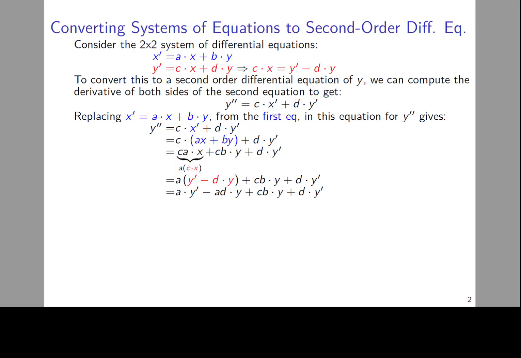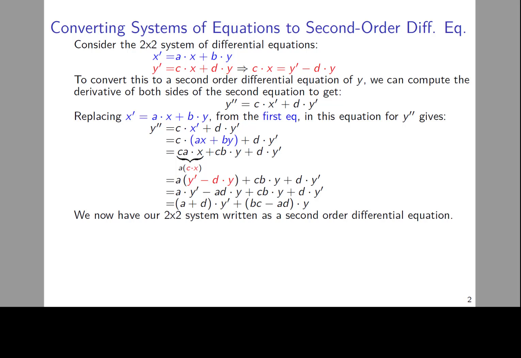Distributing the a gives a times y prime minus ad times y plus cb times y plus d times y prime. Collecting our terms with y prime and our terms with y, we can write this as a plus d times y prime plus bc minus ad times y.